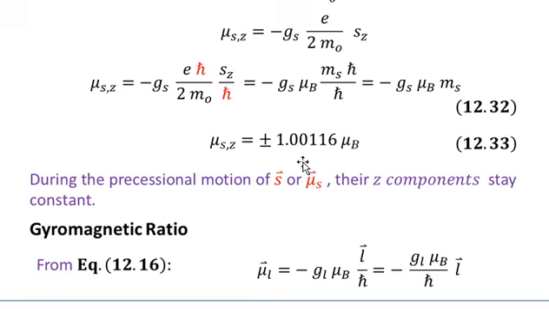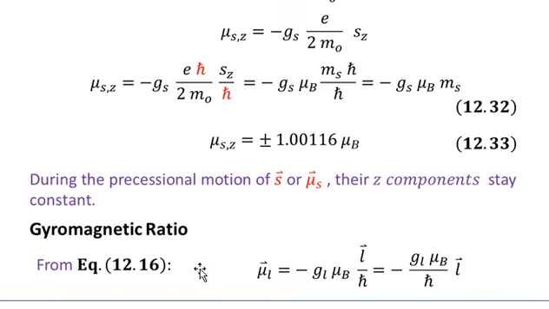So equation 33 gives you the z component of the spin magnetic moment in terms of the Bohr magneton, connected through the constant plus or minus 1.00116. During the precessional motion of the spin angular momentum or the spin magnetic moment, their z components stay constant, whereas the other components, the x and y components, will average out to 0.